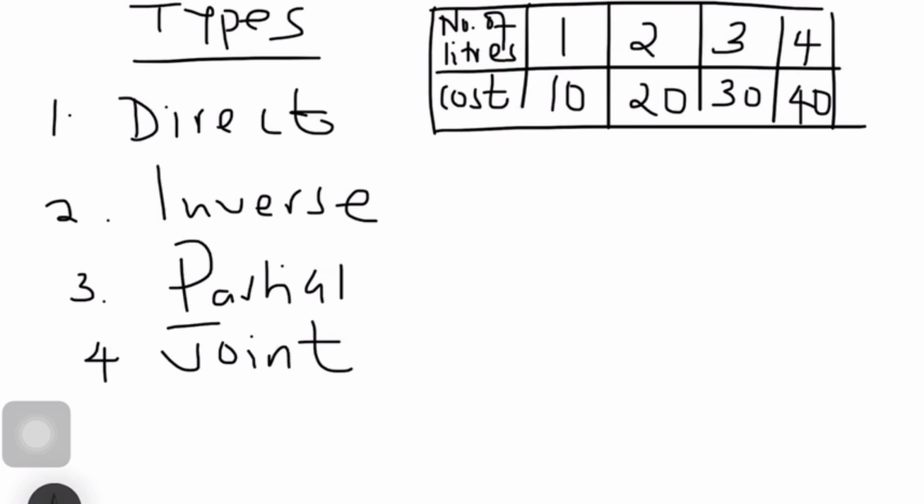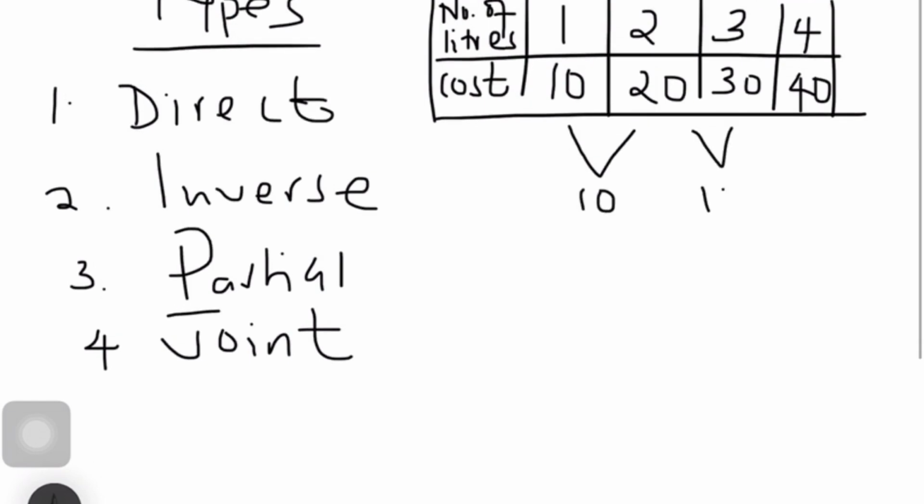From one step to another, the change is the same: a change of 10 in cost, and a change of 1 in liters. So the two variables, L and C, vary directly.